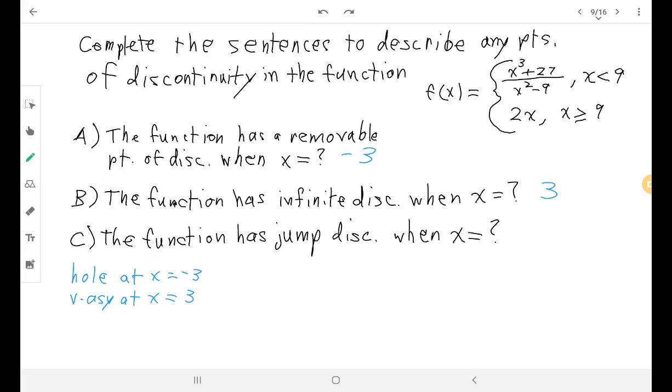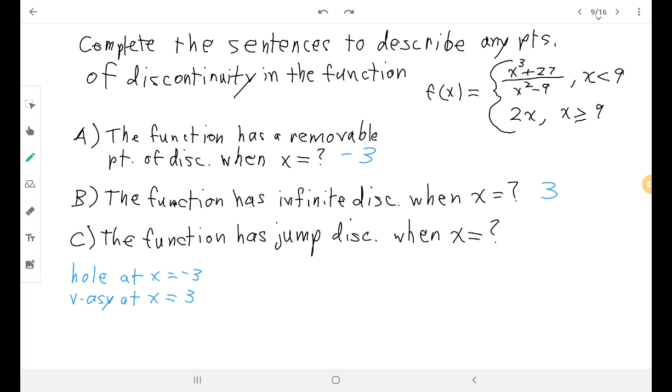That hole is infinitely small. It's only at that tiny, tiny point. And so because of that, it doesn't show up on the graph itself. So having done this math is the only way to understand that that hole exists.